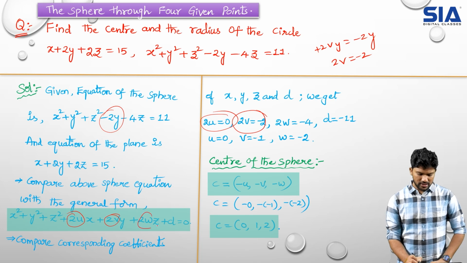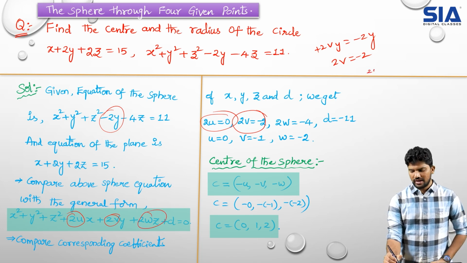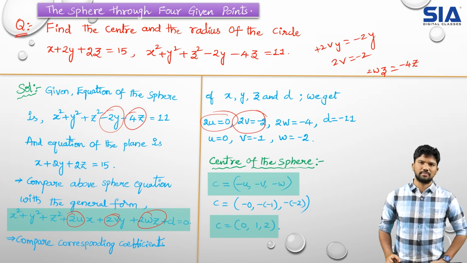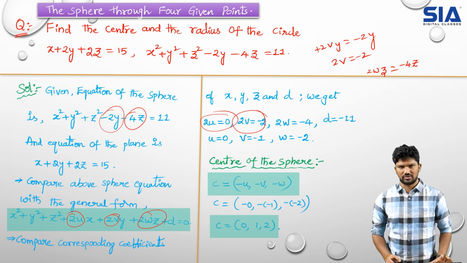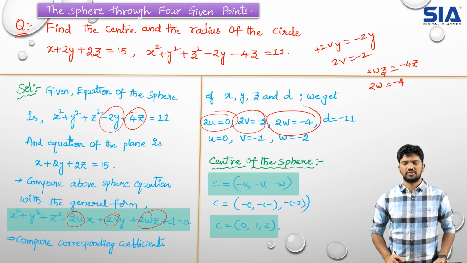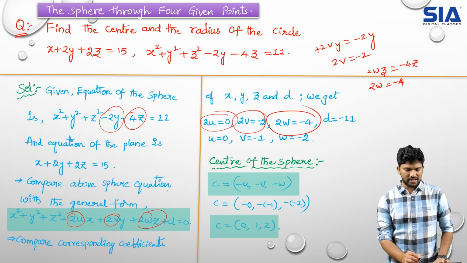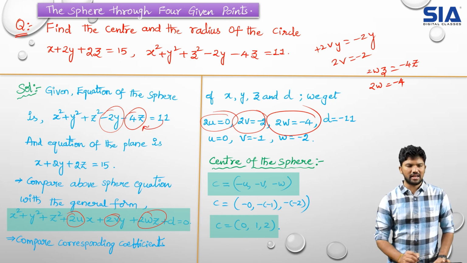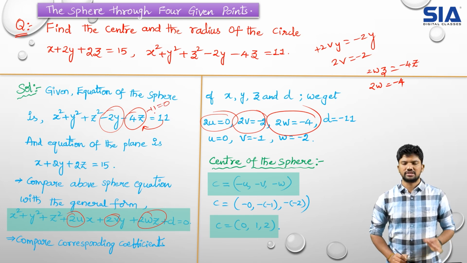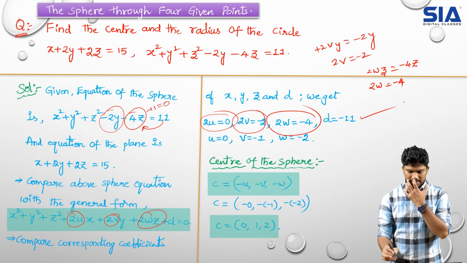Similarly, 2wz is equal to minus 4z, so z cancels and 2w is equal to minus 4. For the constant term, if you take the 11 to the left-hand side it becomes minus 11 is equal to 0, so d is equal to minus 11.